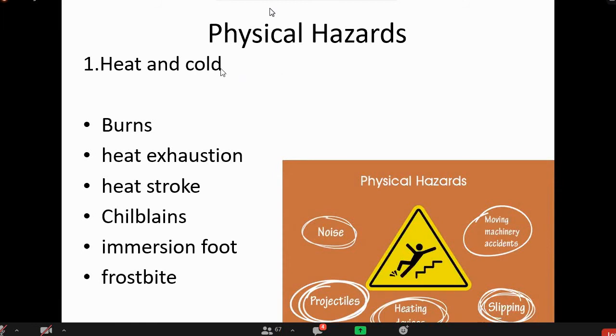Extreme heat can cause burns, heat exhaustion, heat stroke, and cold can cause chilblains, immersion foot, and frostbite. These are all the things which you can acquire if the right type of temperature is not maintained, or if the right type of gadgets or clothes are not handed over to the employees, right?